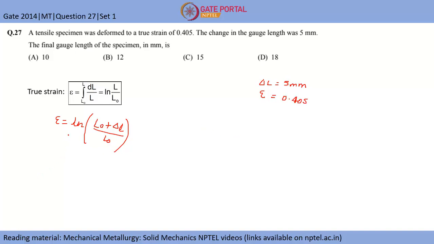Okay, so we will put the same thing in this equation: 0.405 equals ln of, so L0 by L0 will be 1, plus 5 by L0, right? So ln means this is 1 plus 5 by L0 equals e raised to power 0.405. So let me calculate e raised to power 0.405.